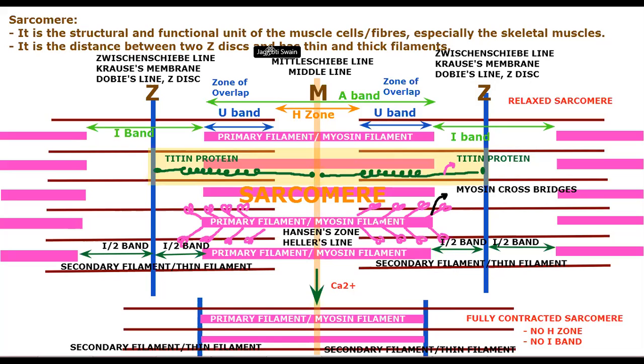These are coming this way during contraction, and both are approaching the M line. Okay, so they are approaching the M line, and in maximum contraction what happens? Both the Z discs are approaching the M line, and there is no more space to move, right? There is no more space here, so this we will call a permanent sarcomere or totally contracted sarcomere.